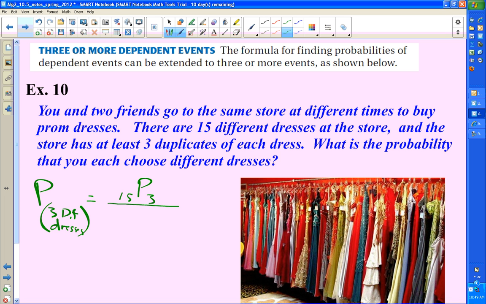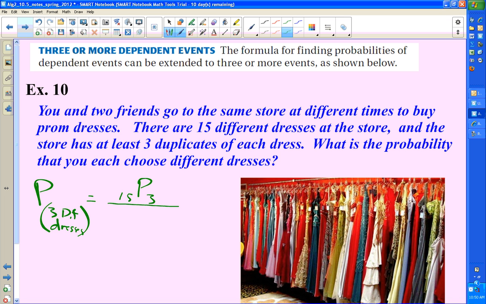No. If you think there's 45 dresses in this store, you're misunderstanding what we're trying to tell you. How many ways can the three of you come back with dresses? Not 3.